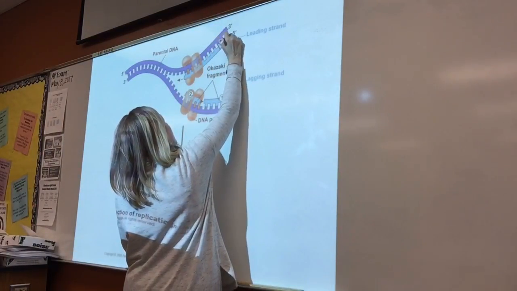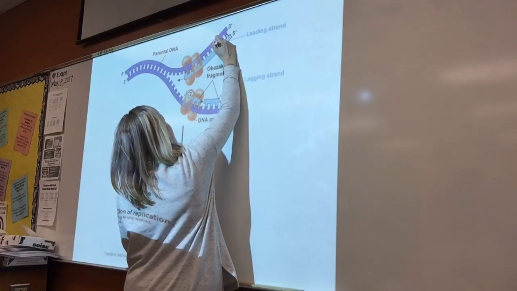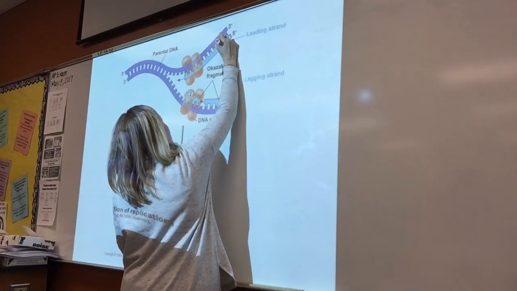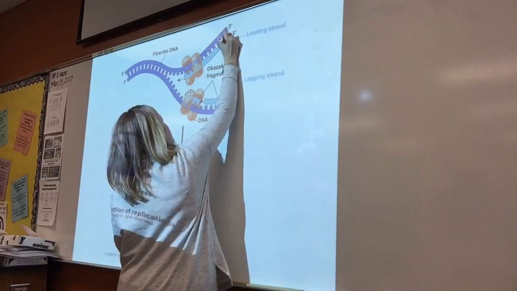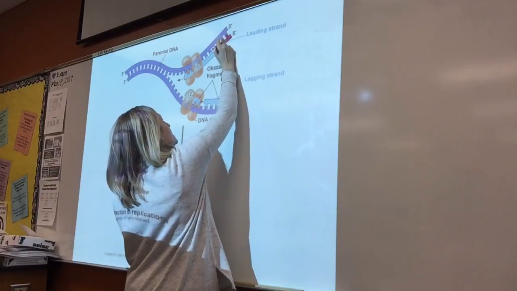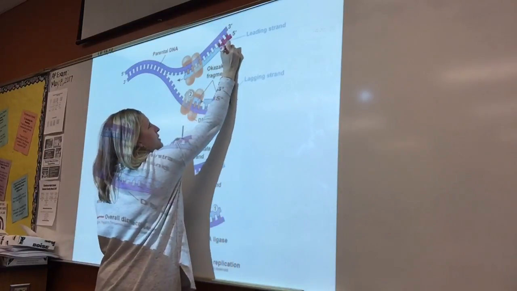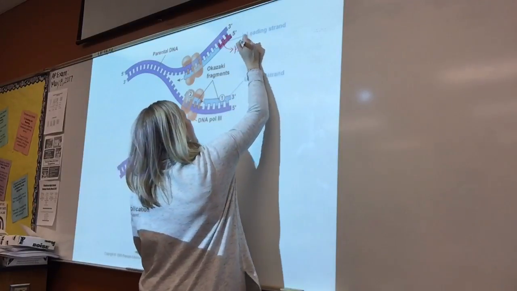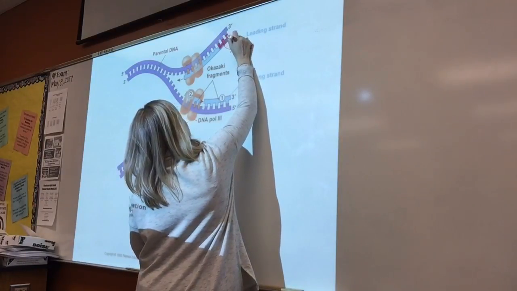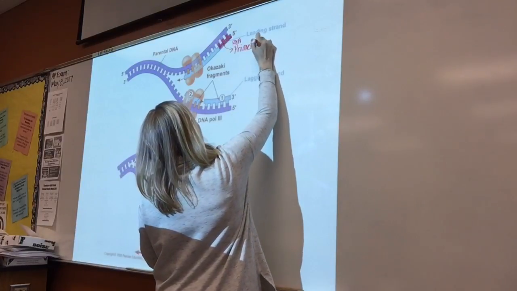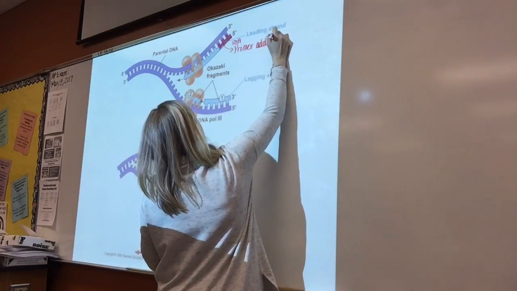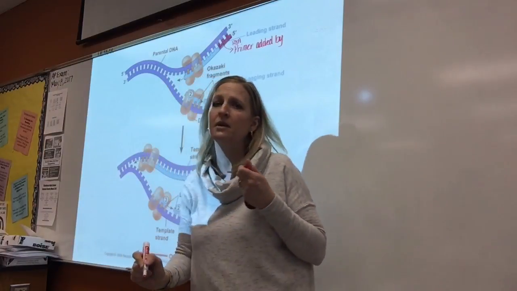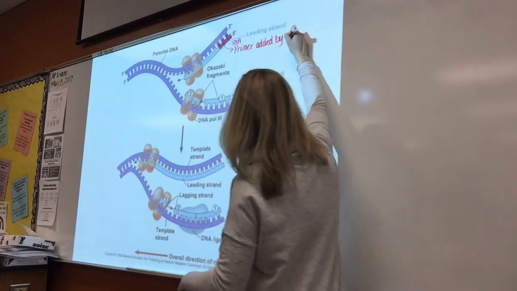So I'm going to go ahead and just color this end red to show that this is not your DNA nucleotide. So let's write here that this is a primer. In us, it's an RNA primer, added by, what was the enzyme? Primase.